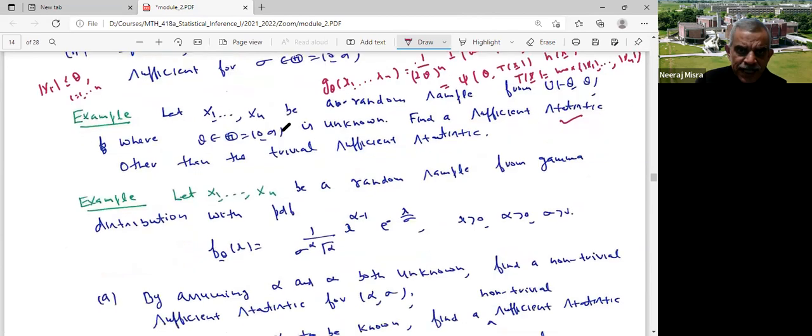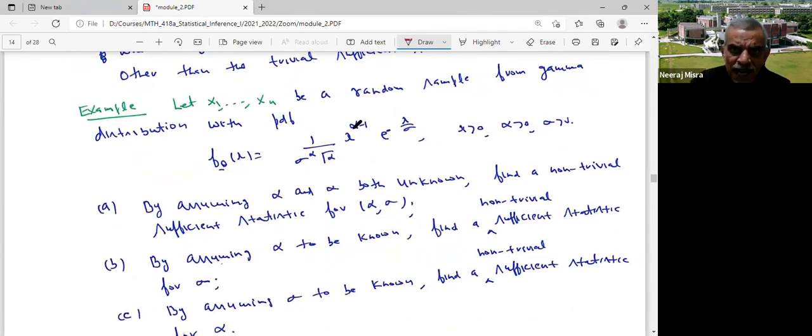Now let's do another example, where I'm dealing with a gamma density with PDF 1 by sigma to the power alpha gamma alpha, x to the power alpha minus 1, e to the power minus x by sigma, for x greater than 0, alpha greater than 0. So try to see what the joint PDF of x1, x2, ..., xn is over here.